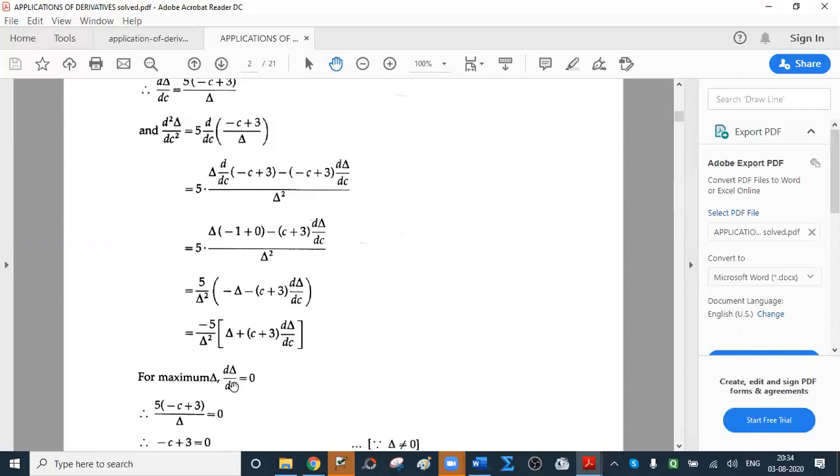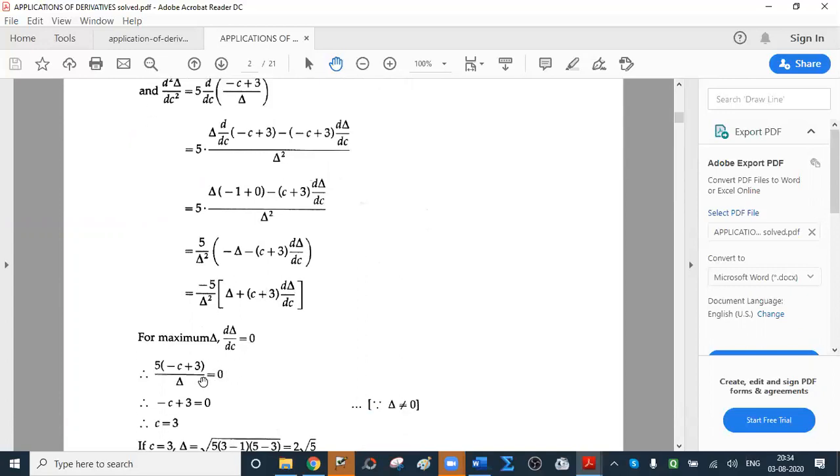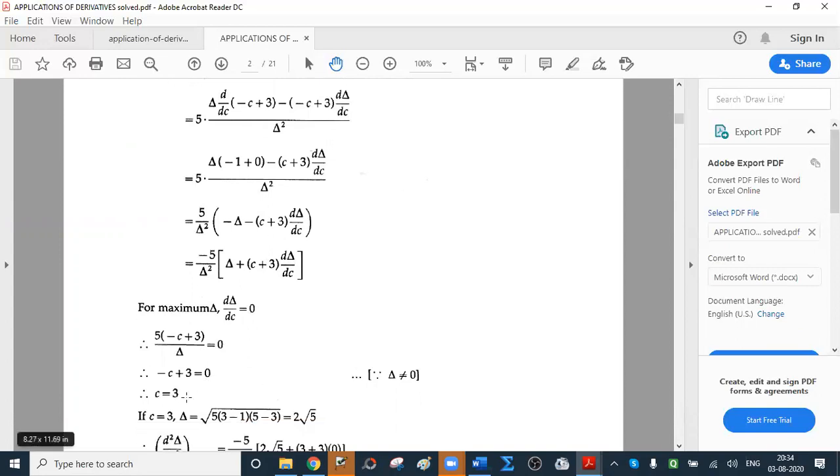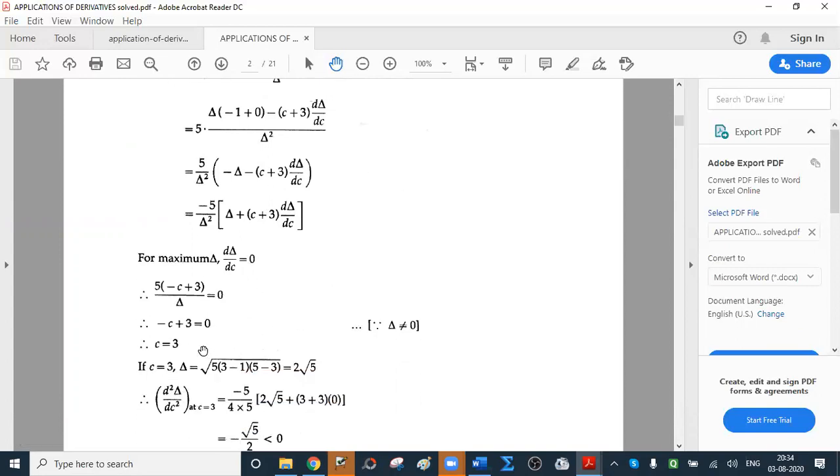Now for maximum delta, the main requirement is d delta by dc equal to 0. So equate this with 0. That gives us c equal to 3. In CET, you can directly write the answer from this. But in board exam, you have to show that second derivative at c equal to 3 is negative.